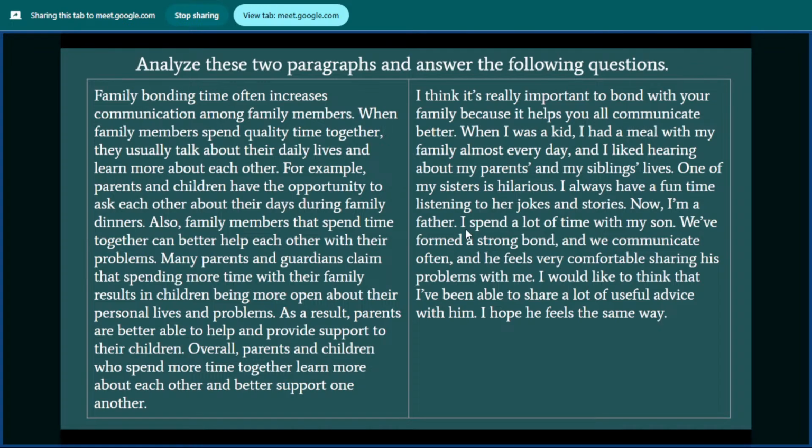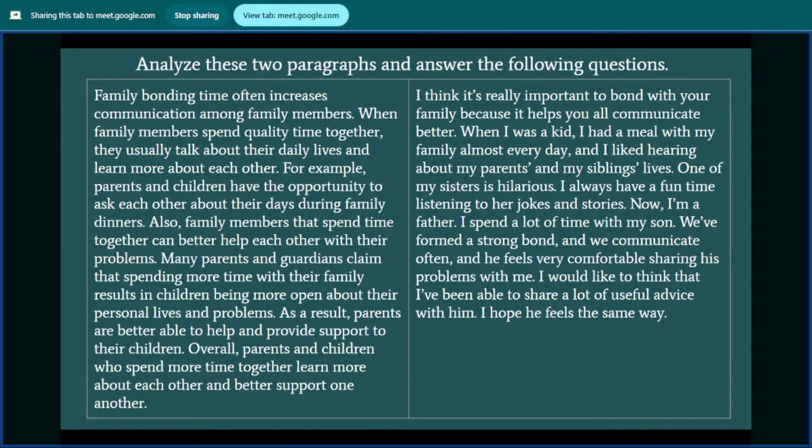I'm done. Arti, what about you? Just a minute now. Sure, sure, no problem. Yeah, I'm done. Okay. Arti, tell me the differences between these two paragraphs.